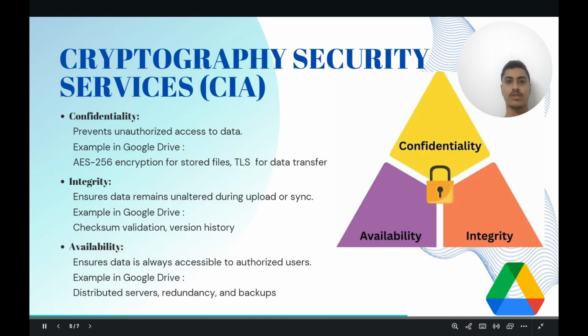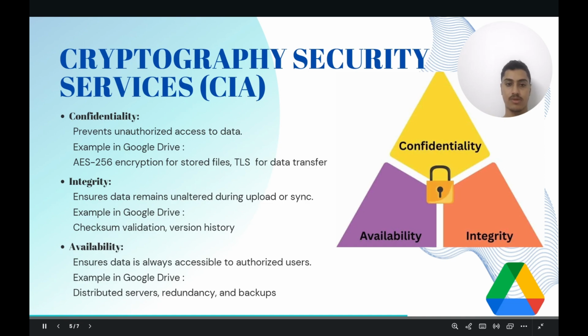Secondly, cryptography security services, CIA. Confidentiality prevents unauthorized access to data. For example, in Google Drive, AES 256 encryption for stored files. Secondly, integrity ensures data remains untampered during upload or sync.